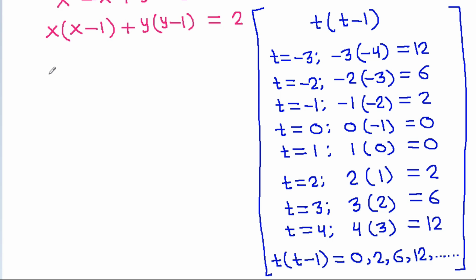And we have x times x minus 1 plus y times y minus 1 is equal to 2. So either 0 plus 2 is 2 and 2 plus 0 is 2.